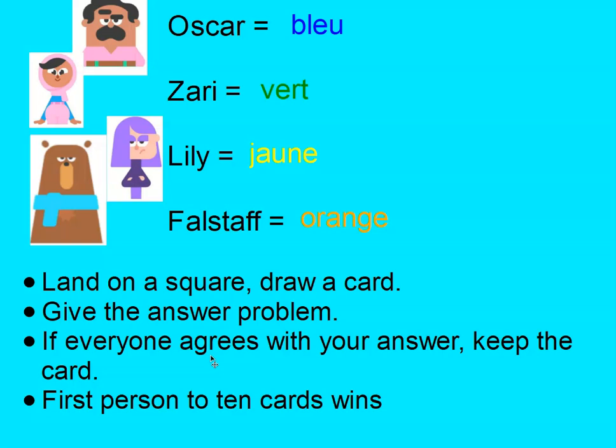I can't be at all table groups at the same time, so let everyone police each other. They all want to win the game, so they're going to be sticklers: no, you said lay and it's le. Keep the card if you get the answer right, and whoever gets 10 cards first wins.